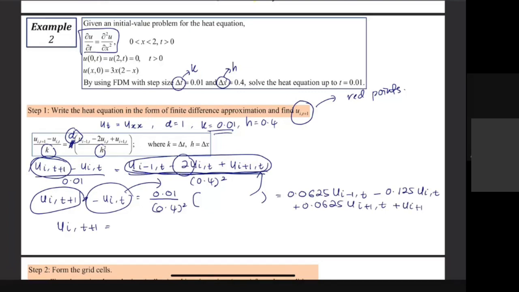So look at here, we have u i plus 1 and u i plus 1 here. So negative 0.125 plus 1.